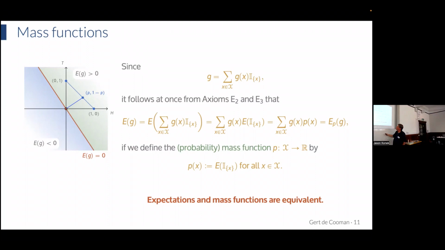So the coefficients here are P, 1 minus P, yeah? Where P ranges between 0 and 1. This is this probability simplex. Draw the normal line here, from here to here. Where it hits, that is the probability P, 1 minus P. In this case, yeah. So this is the mass function. This is this P that we have here. So P of heads will be P here, and P of tails will be 1 minus P.